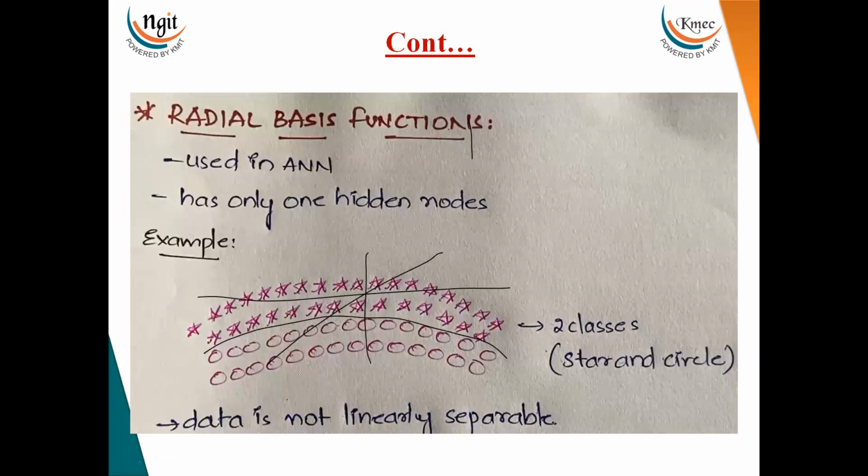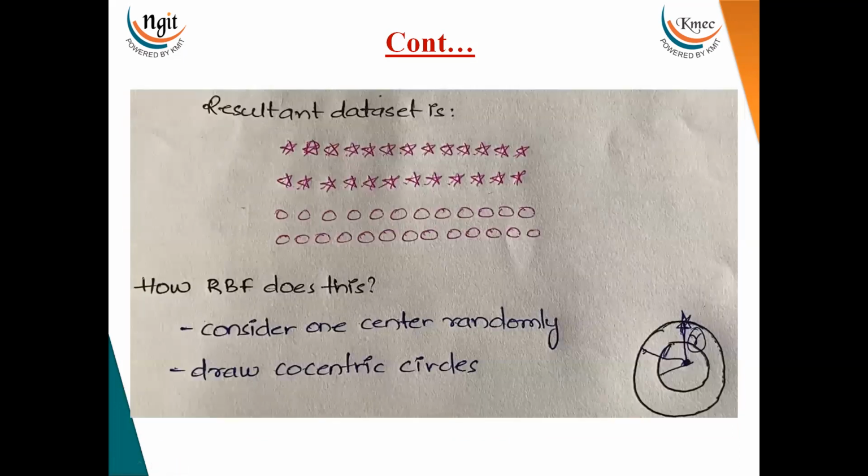If I expand horizontally and compress vertically, what will happen? You can see your data will look something like this. The resultant data will be like this. So can I separate my data linearly? Yes, I can, because with a straight line I can separate star and circle into two different classes. So in this way your RBF network will work.